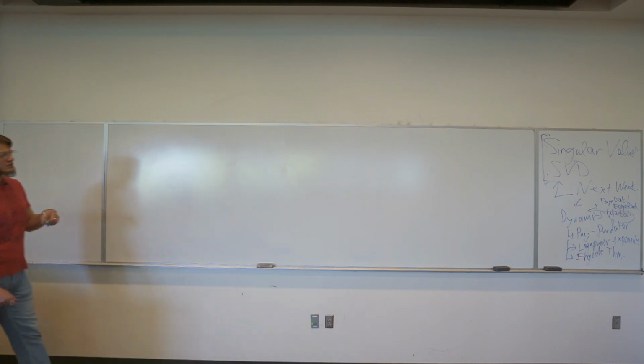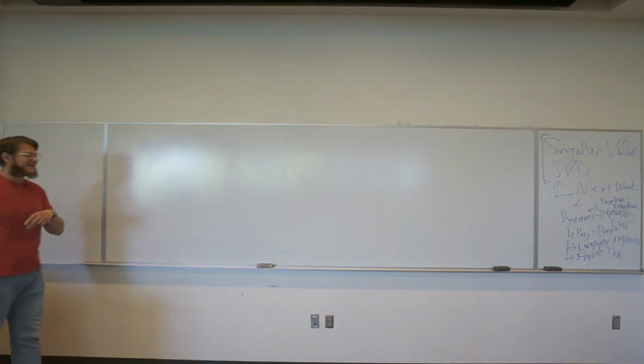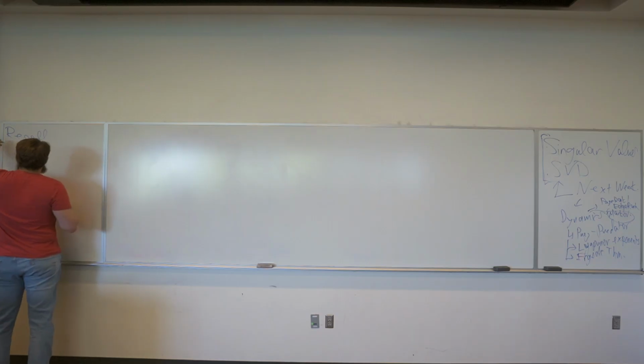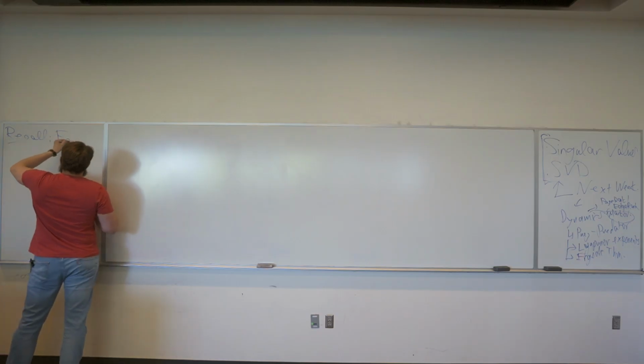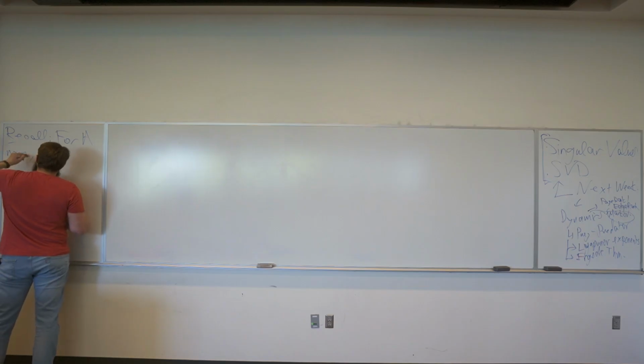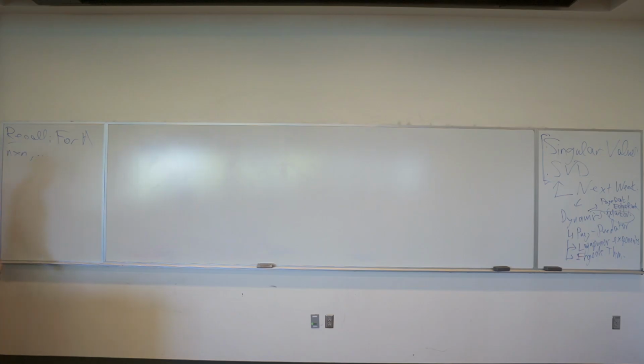So here are a bunch of properties that a general n by n matrix A can have. Recall, we start with these important properties.